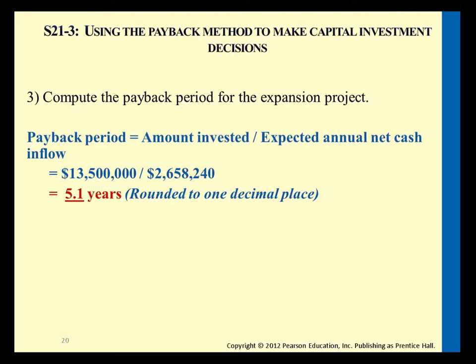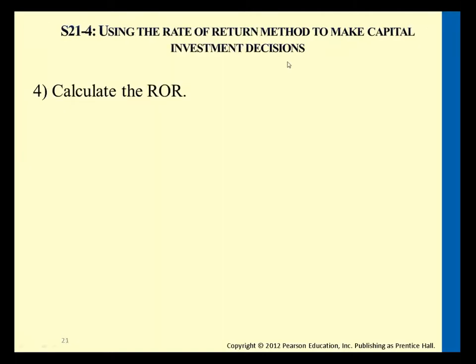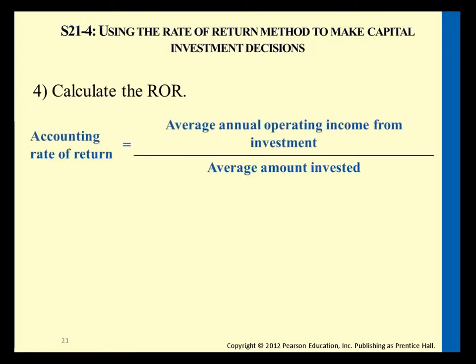So you divide two numbers and you get some number of years. All right. So our rate of return, we just learned how to calculate that. So use that formula and tell me what do you get? What number of percent?